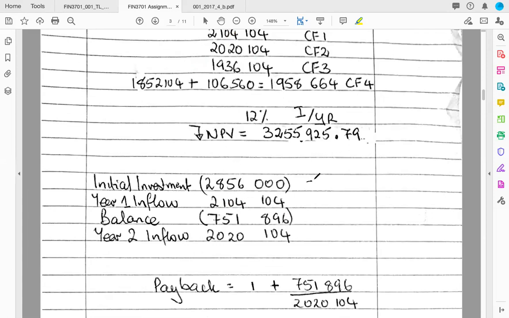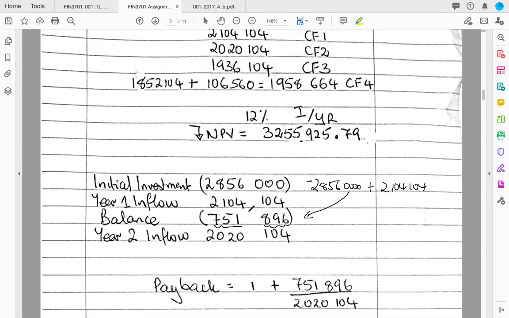So you say minus 2,856,000 on your calculator, and then you add 2,104,104, and then you get negative 751,896, right?